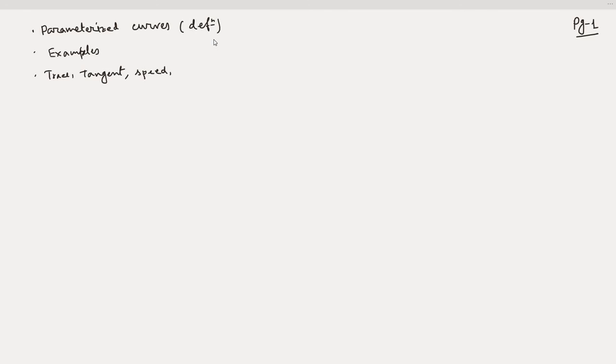So then we have defined regular curves, arc length, unit speed curve. Then we have studied reparameterizations.